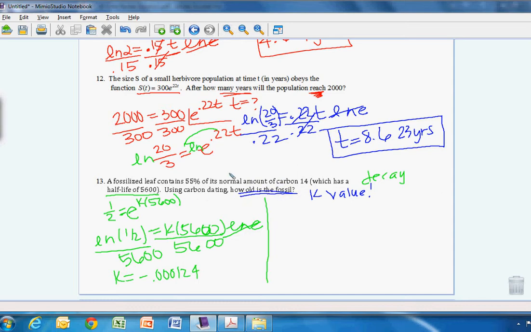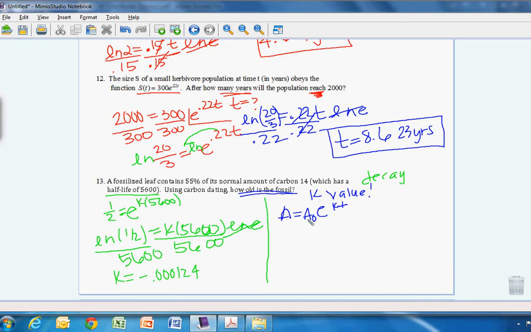So now I want to use the information regarding the fossil with my new value, and then I can figure out the time. Okay, so I know that I'm using the model A equals A sub 0 e to the kt.